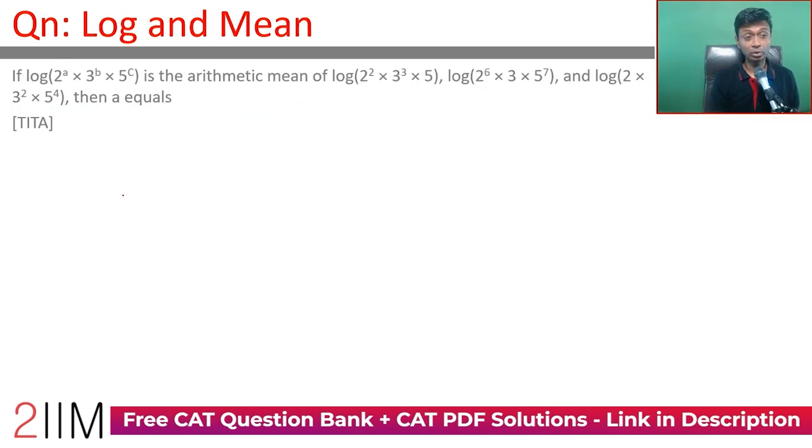Log of 2 power a into 3 power b into 5 power c is the arithmetic mean of log of 2 square into 3 cube into 5, log of 2 power 6 into 3 into 5 power 7, and log of 2 into 3 square into 5 power 4. Or this expression is this plus this plus this by 3.